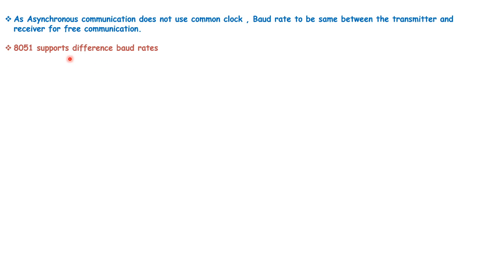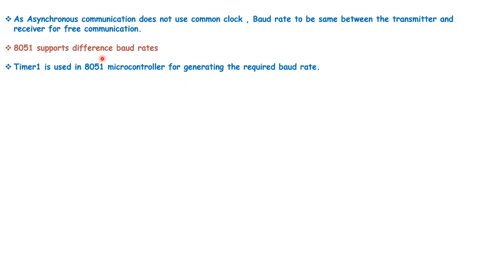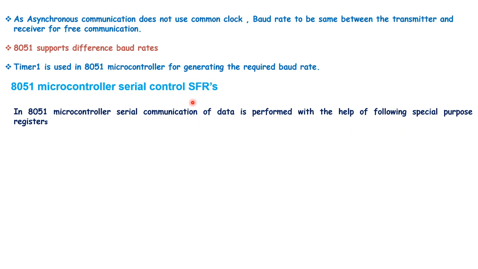The 8051 microcontroller supports the baud rate, and it needs serial control special function registers. In the 8051 microcontroller, serial communication of data is performed with the help of the following special purpose registers.